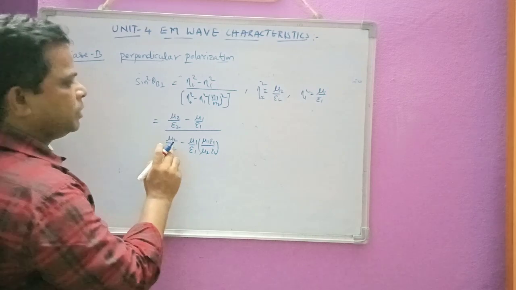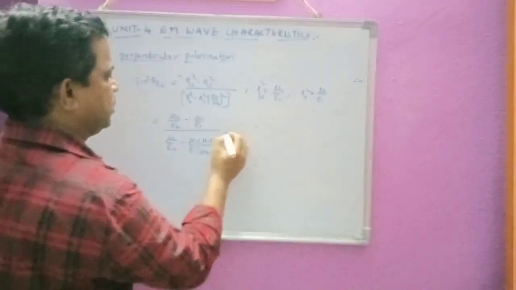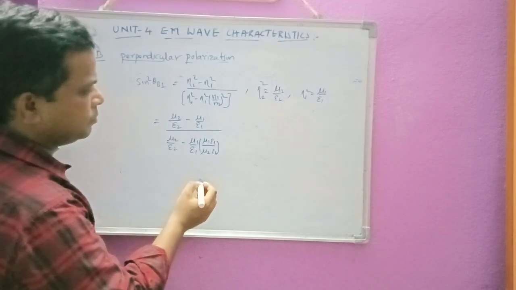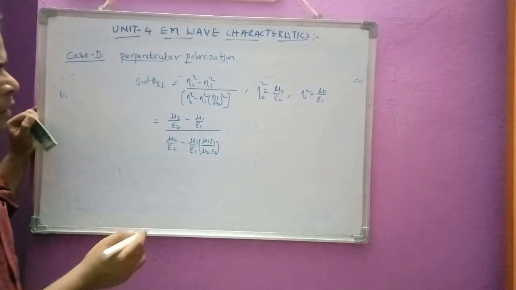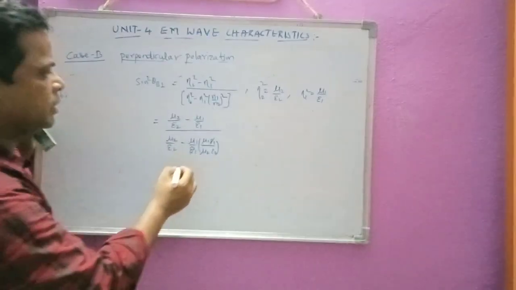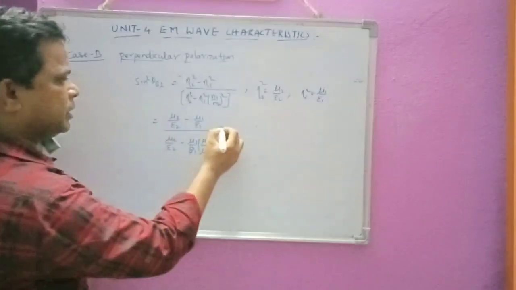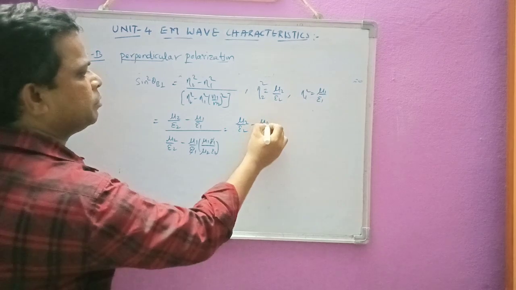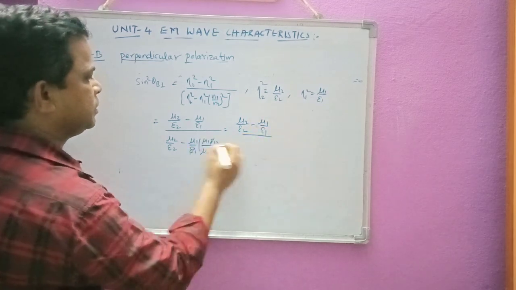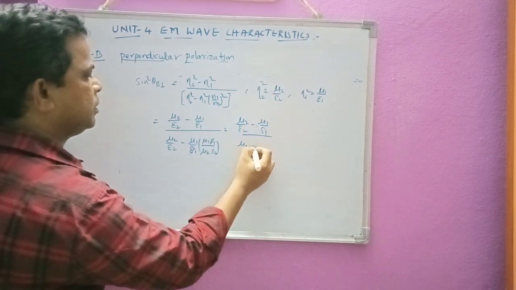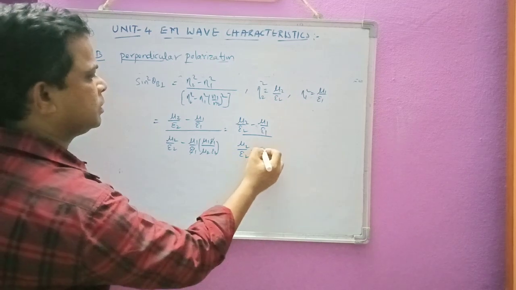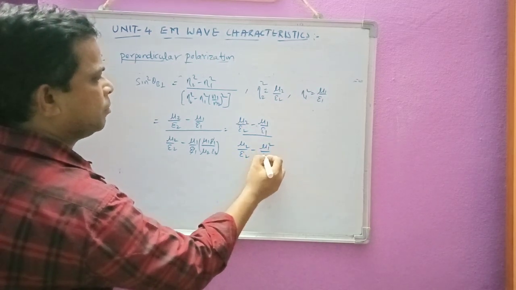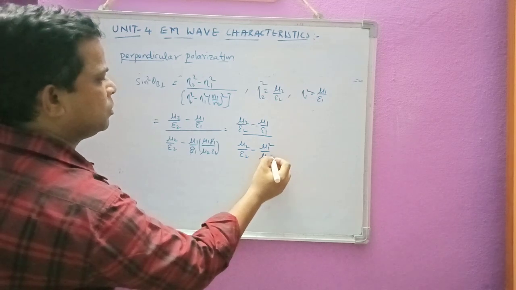Okay. Now after doing this, I will try to calculate what calculations are there. If any, yes, it can be cancelled here. That is mu 2 by epsilon 2 minus mu 1 by epsilon 1, and mu 2 by epsilon 2 minus mu 1 square by mu 2 into epsilon 2 here.